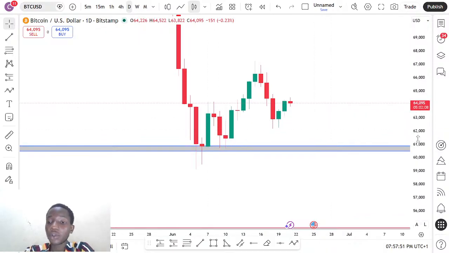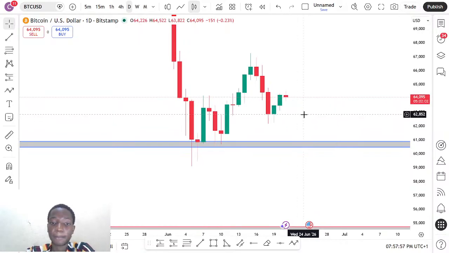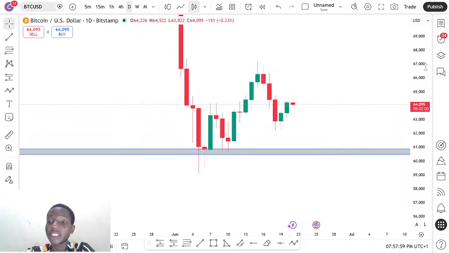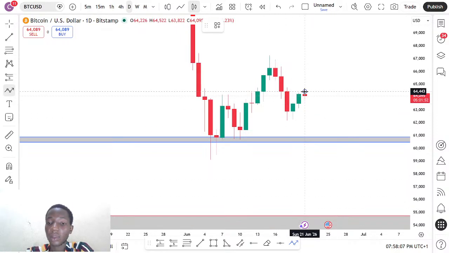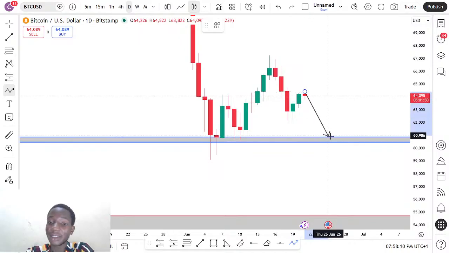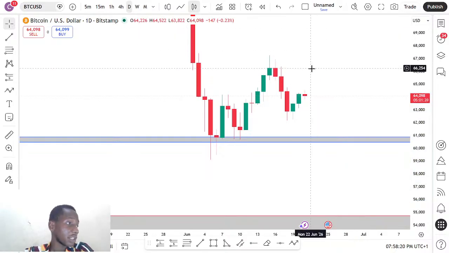So first, I'm going to be marking the current structure now, because BTC is kind of going down. When you break this level here, if BTC comes down to this place, I'm assuming it's going to come back to this place for it to break, then come back down. This is just a probability expectation, but it must not happen.